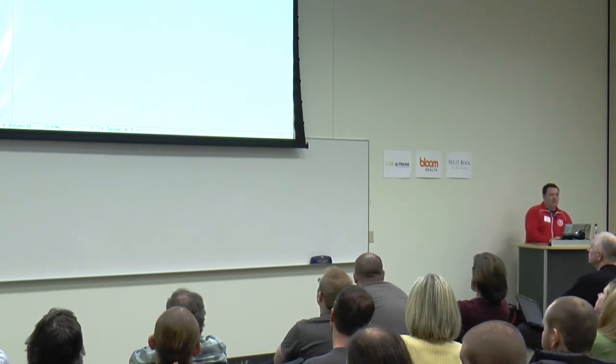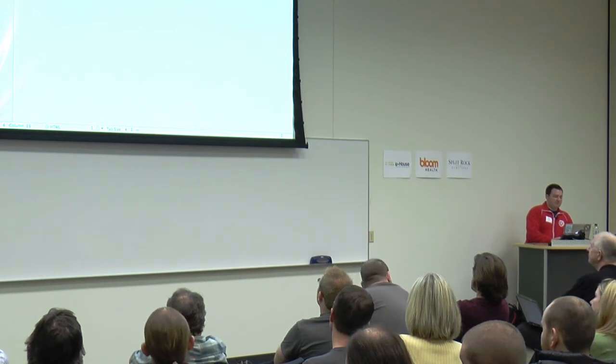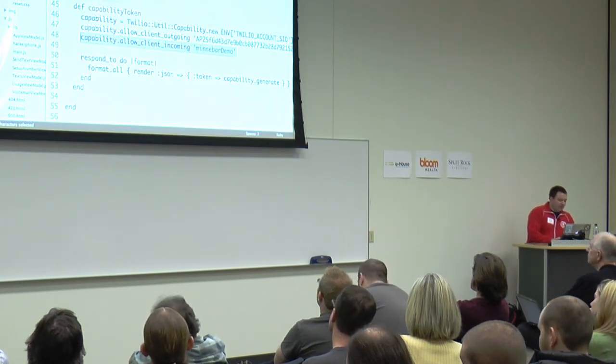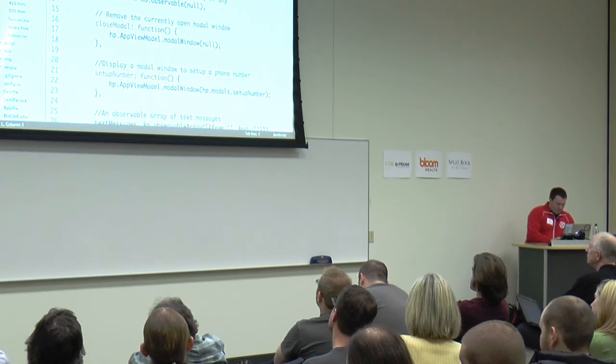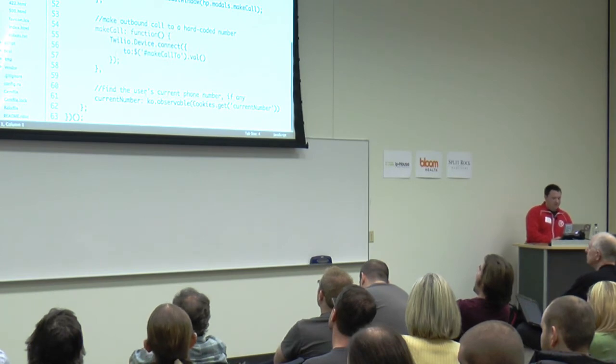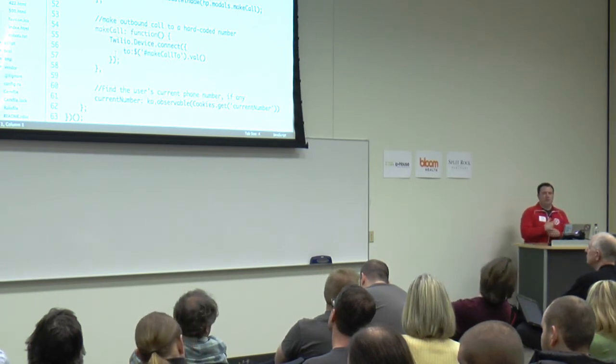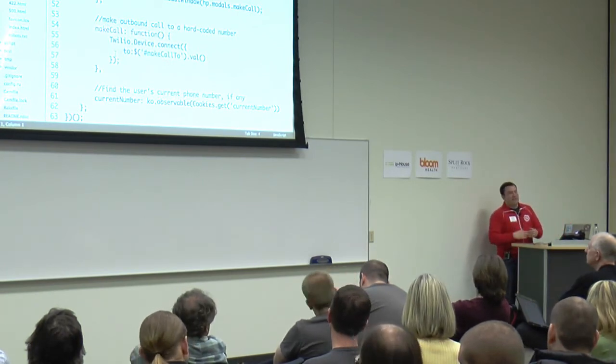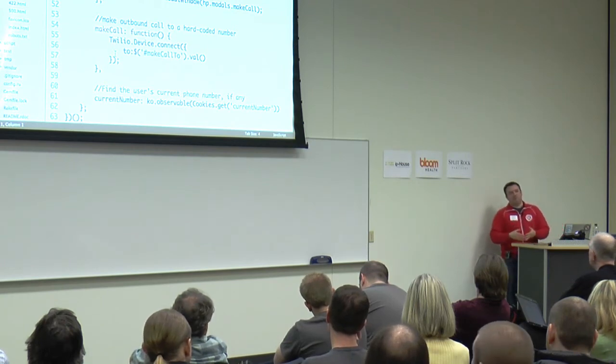So where these post parameters come from, and I'm jumping around a little bit, so I apologize for that. But if I go out here to app view model, yeah, you have to verify a number to be used as a caller ID.